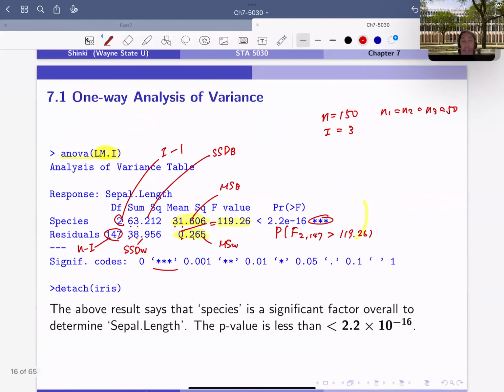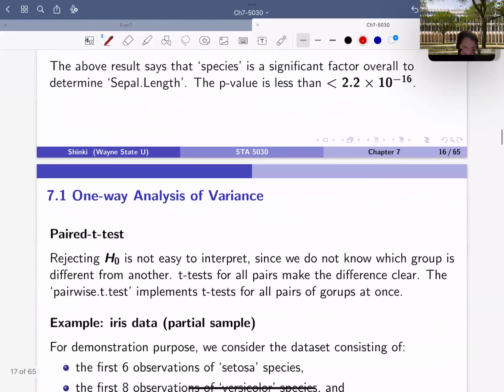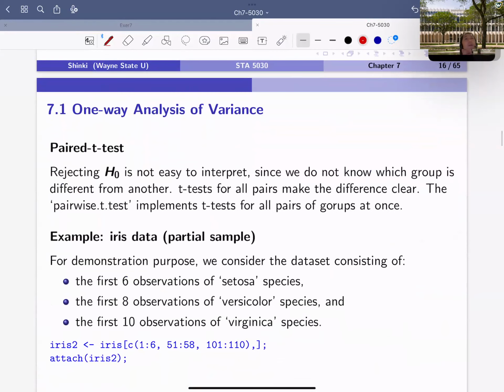In the t-test, we compare exactly 2 groups. In analysis of variance, we compare multiple groups, and the null hypothesis is that all groups have the same mean. But sometimes we want to directly compare some group with another.